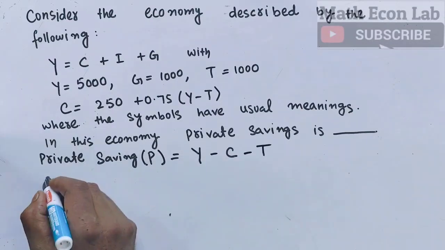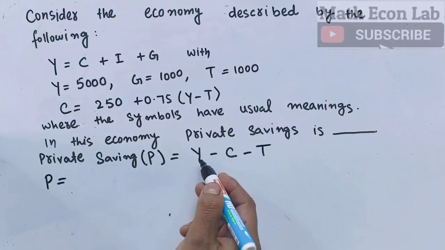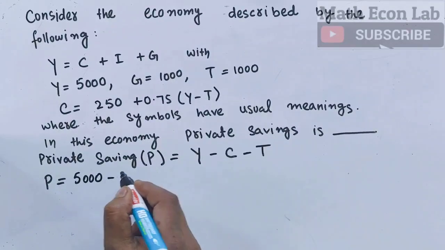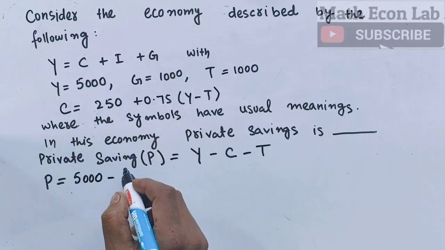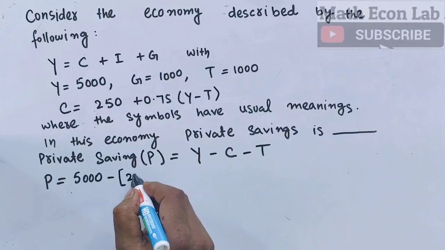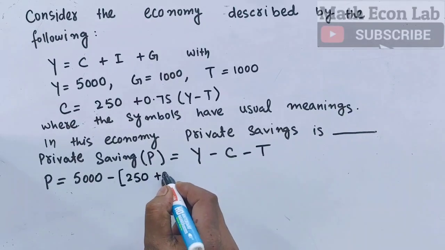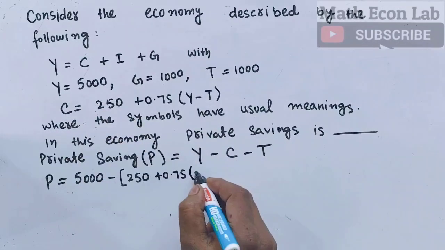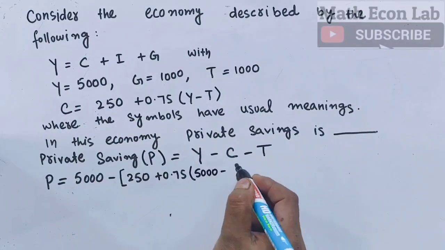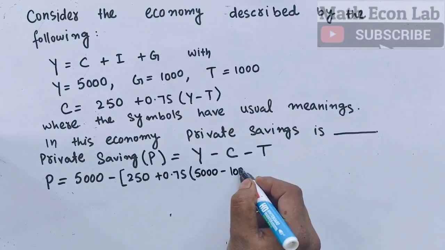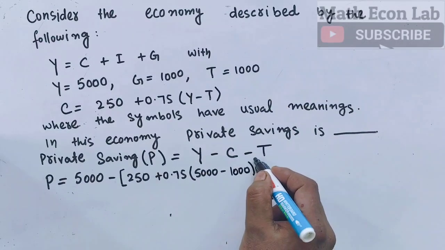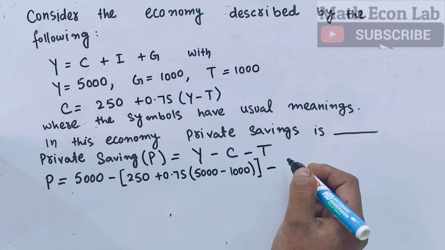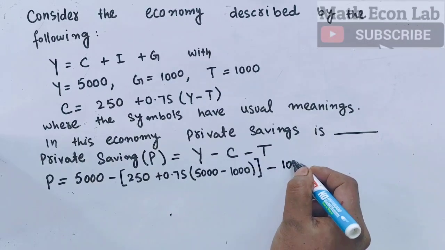That means our P will be equal to, what is our total income that is being given to us, 5,000, minus consumption expenditure, which I write like this: 250 + 0.75 times (5,000 minus tax revenue 1,000). To this we subtract the taxes that are being given as 1,000.